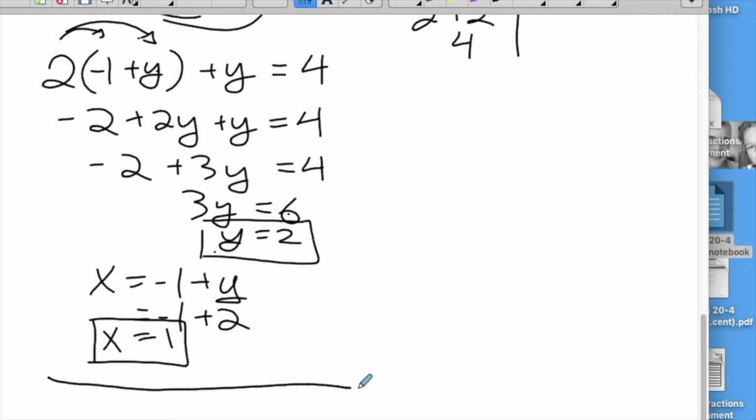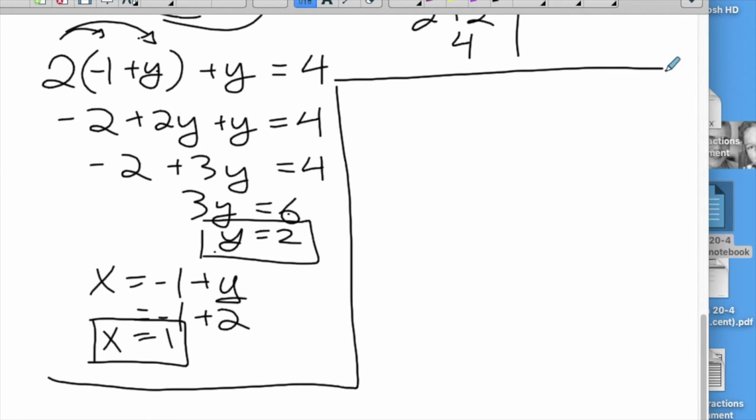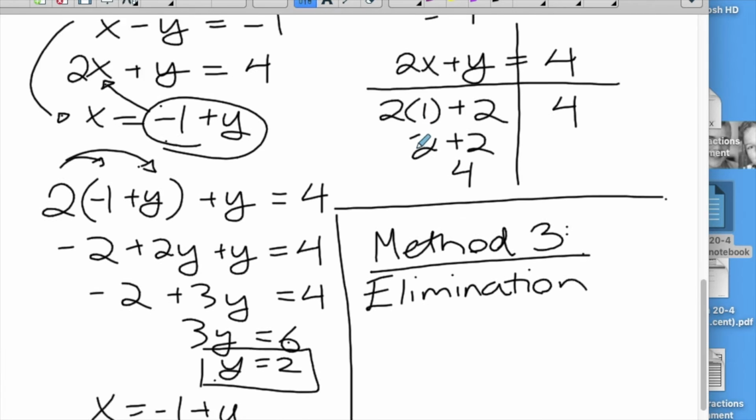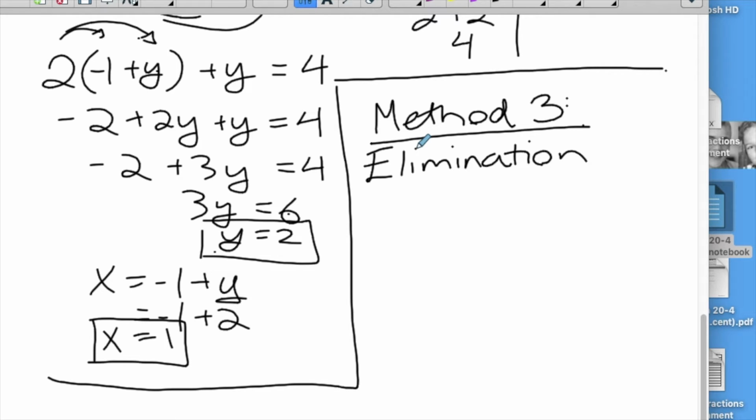Maybe I'll do method 3 over here since I have some space. Method 3 is called elimination. And, okay, let me not mess this up again. Now that I did it once, I'm like paranoid that I'm going to do this again.